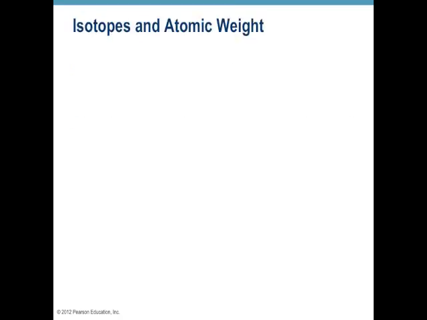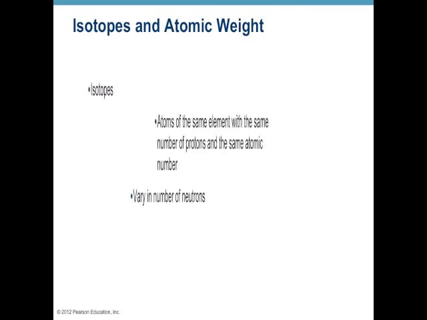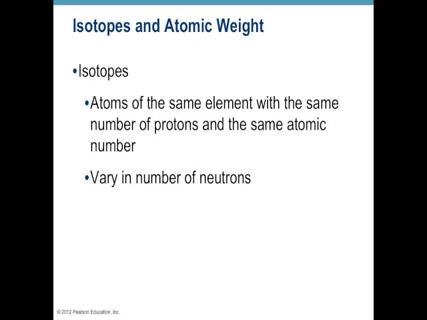Isotopes. Now, we already said that how we identify an element is based on the number of protons that element has. But what happens when we change its number of neutrons? Well, that's when you get an isotope. Atoms of the same element with the same number of protons and the same atomic number will sometimes vary in their atomic mass.